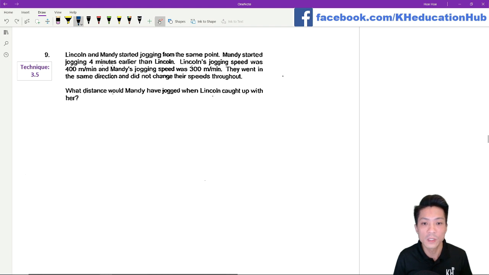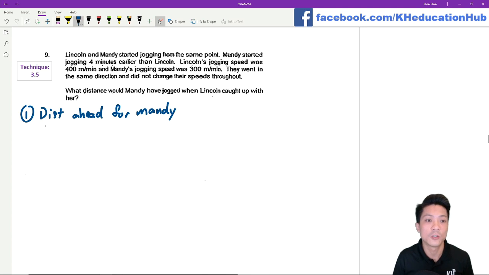This is a speed distance time question where 2 objects are moving in the same direction, but one object is ahead and the object behind it is trying to catch up. Now the first thing we need to find is the distance ahead for Mandy.